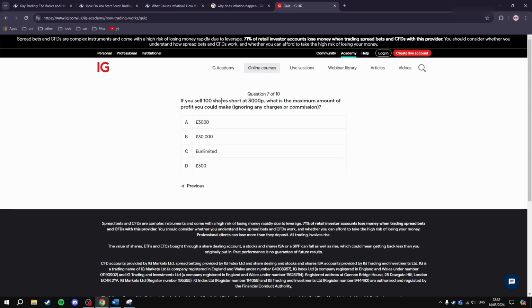If you sell 100 shares short at 3,000 pence, what is the maximum amount of profit you can make, ignoring any charges or commissions? So, the maximum profit you'd make is when the shares drop to zero.